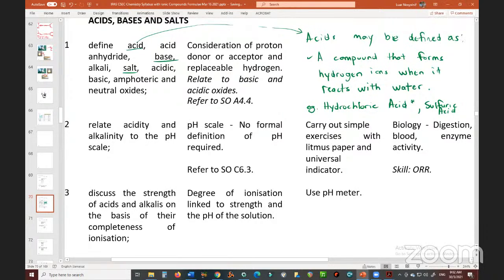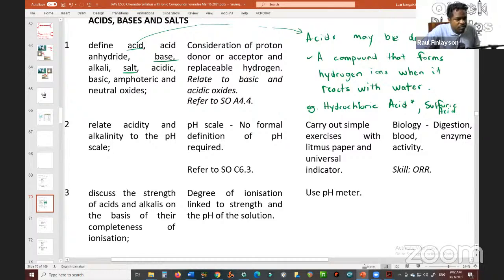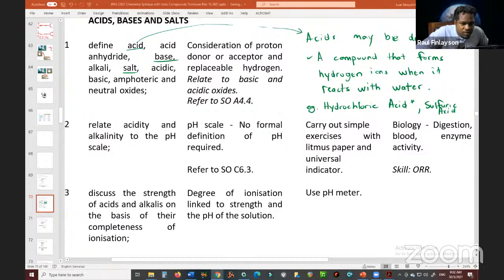All right. So once you have that definition, that's one definition, but I'm going to introduce this now.